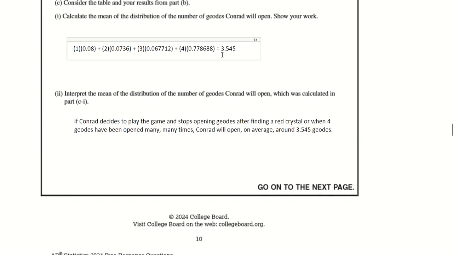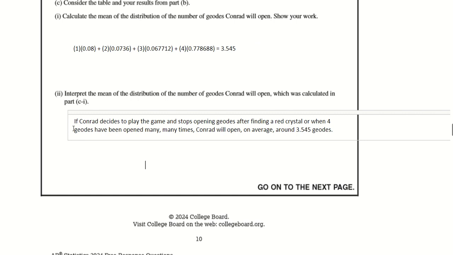The meaning of this value is that if Conrad decides to play the game and stops opening geodes after finding a red crystal, or when 4 geodes have been opened, and Conrad does that many times, Conrad will open on average around 3.545 geodes. It's important that you say many times.